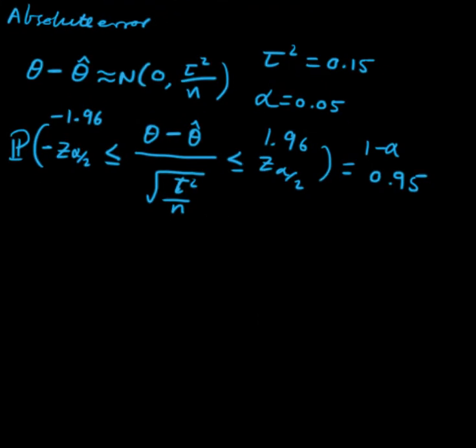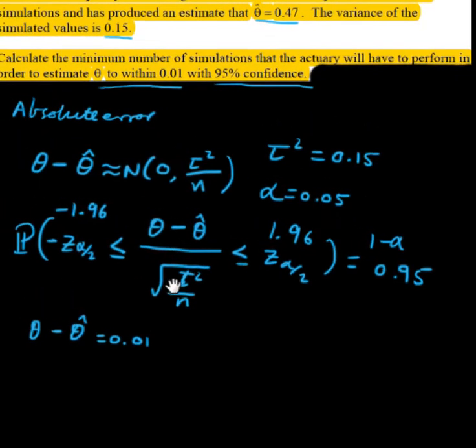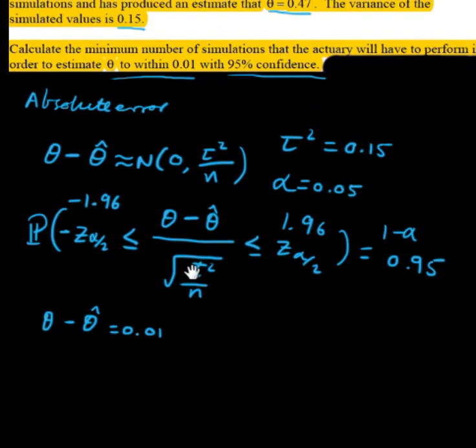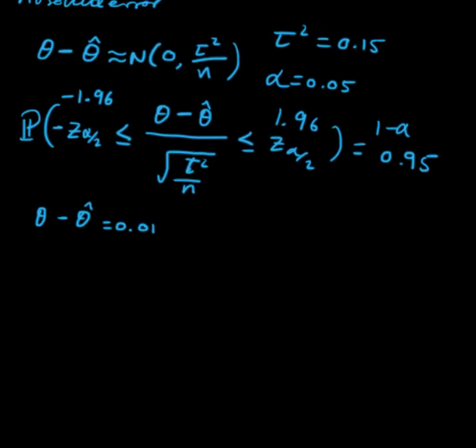Another important thing to say is that in the question, it wants the difference between what we've estimated and what we're expecting to be no more than 0.01, because it says it wants to be within 0.01. So let's use that: theta minus our estimated theta, which equals 0.01, divided by the square root of tau squared on n, is less than or equal to 1.96.